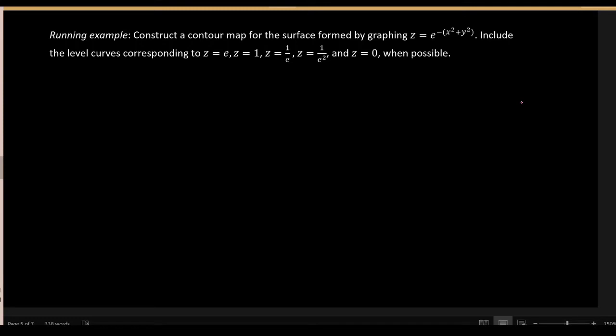In your contour map, make sure to include the level curves that correspond to z equals e, 1 divided by e, 1 divided by e squared, and 0, when possible.